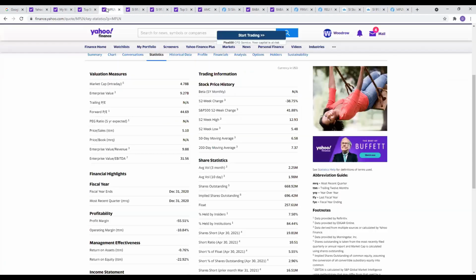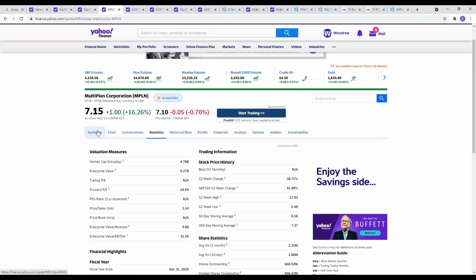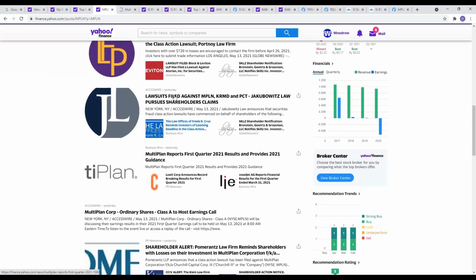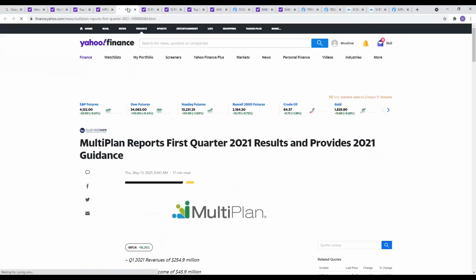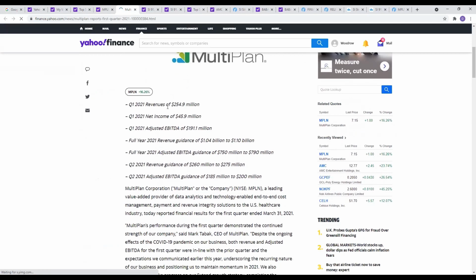So go back to Yahoo Finance. Let's look for news. Let's look at the earnings. Revenues of 254 million, net income of 45 million.